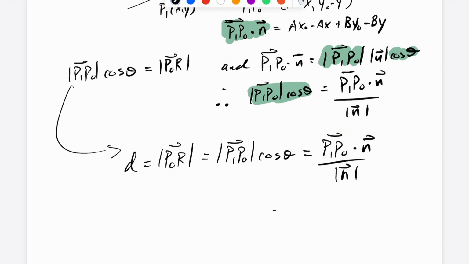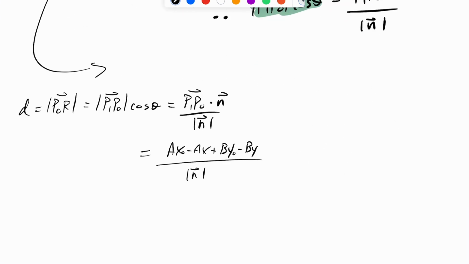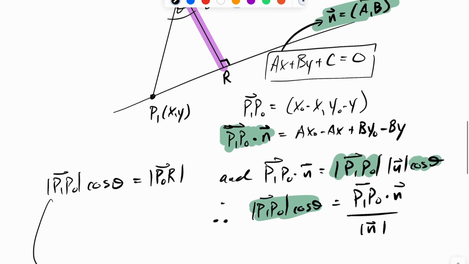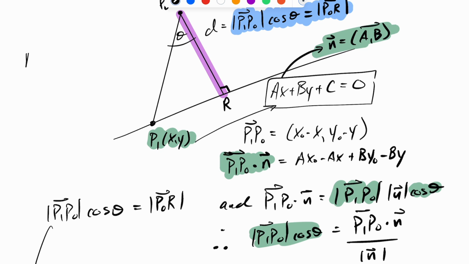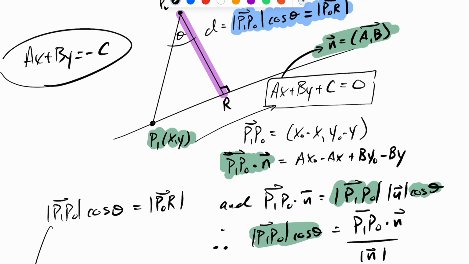So this is exactly equal to ax naught minus ax plus by naught minus by all over the magnitude of my normal. But your x and y value here, if you recall, is a point on the actual line. So therefore, it must be the case that ax plus by must equal negative c, right? Because this is a valid point.